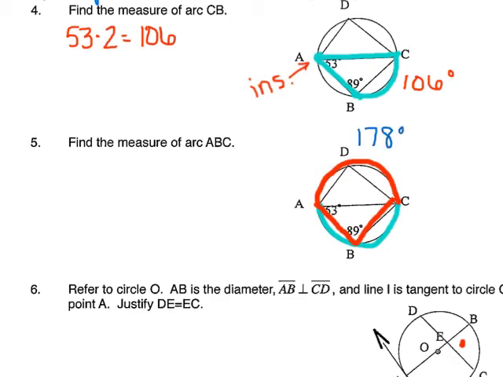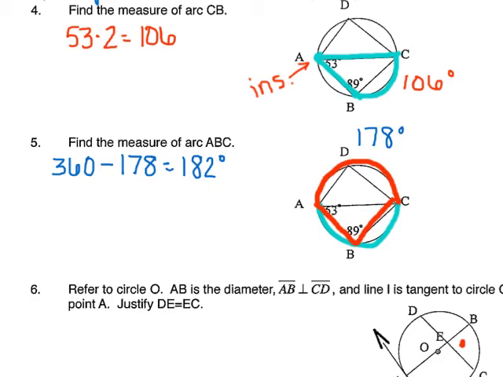And I know that the whole circle is 360, so to find arc ABC, I would take 360 and subtract the piece I don't want, which is the 178. It comes out to be 182.